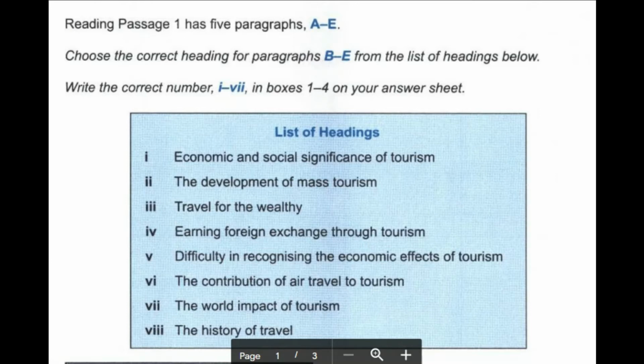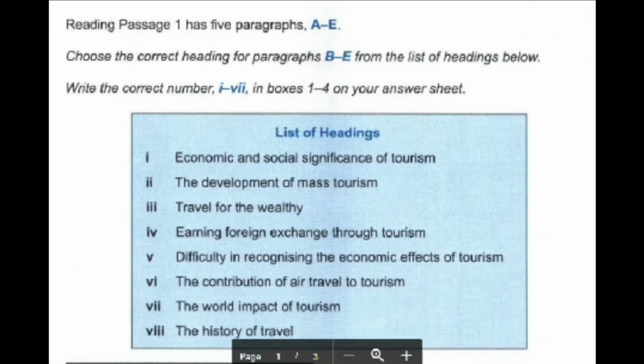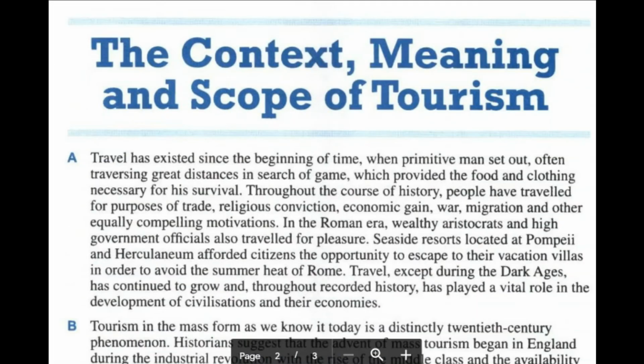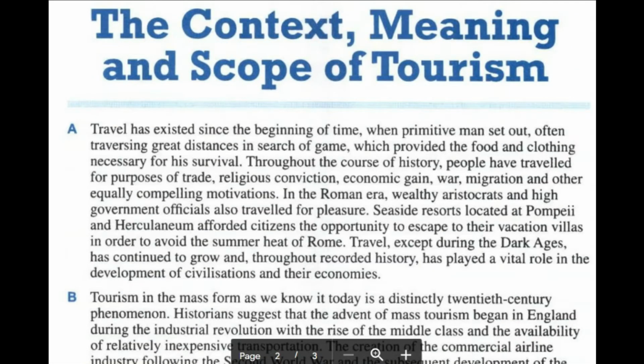Let's go through the paragraphs one by one. I'm not going to share the sample answer, because we are going to find the heading by ourselves. Let's move on. This is the first paragraph.